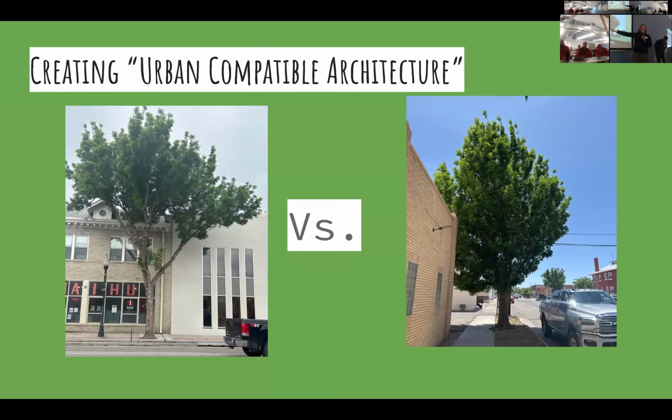Is that a little bit of a scary situation there? Yeah. And this is a tree, same species, a couple blocks away. It wasn't touched. Is this a less concerning tree? Yeah. There's clearance above the roadway, and maybe it needs a little bit more above the street, but it's definitely more compatible and less scary risk-wise.